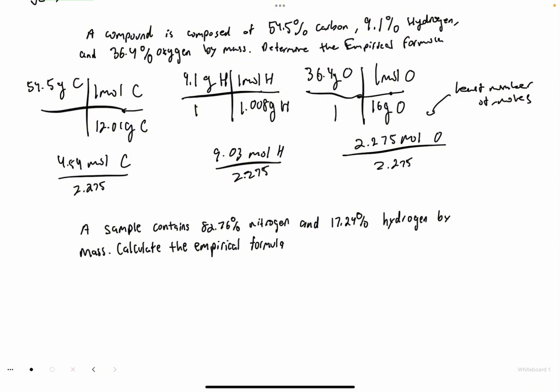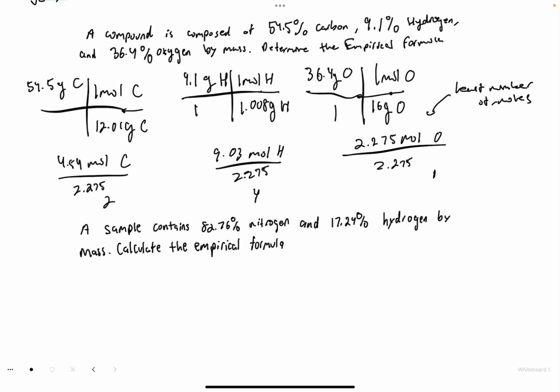So 4.54 divided by 2.275 is going to give me roughly 2. So that's going to be my ratio for carbon. 9.03 divided by 2.275 gets me roughly 4.